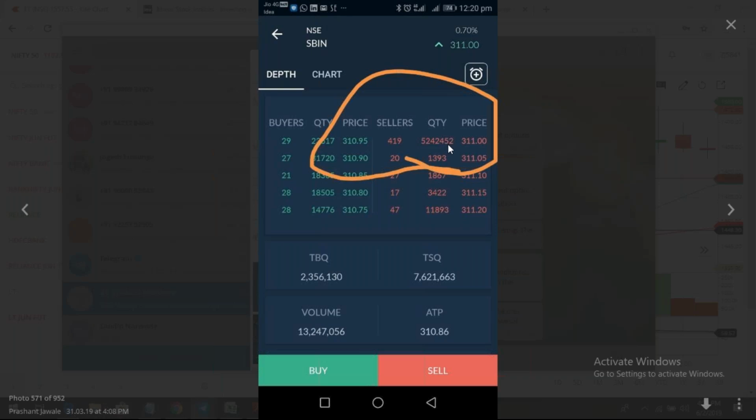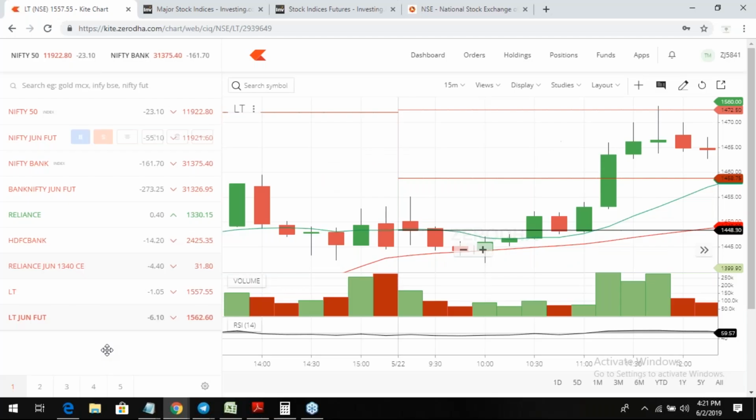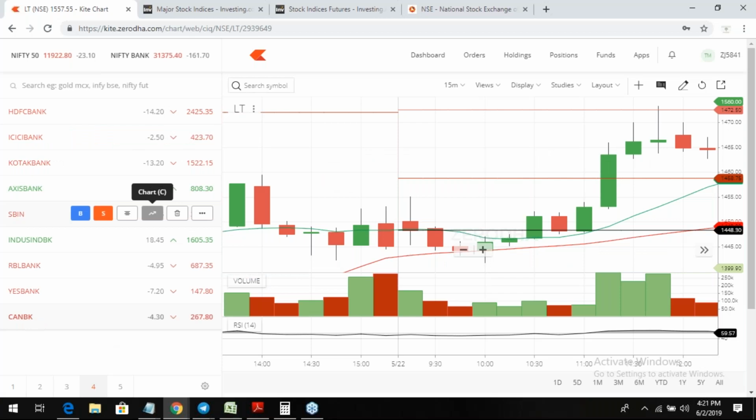What is the normal quantity? 3,000, 18K, 13K, 18,000, 23,000, 11,000, 14,000. But certainly 52 lakhs. Boss, what happened? 313.19. Let's see SBI.